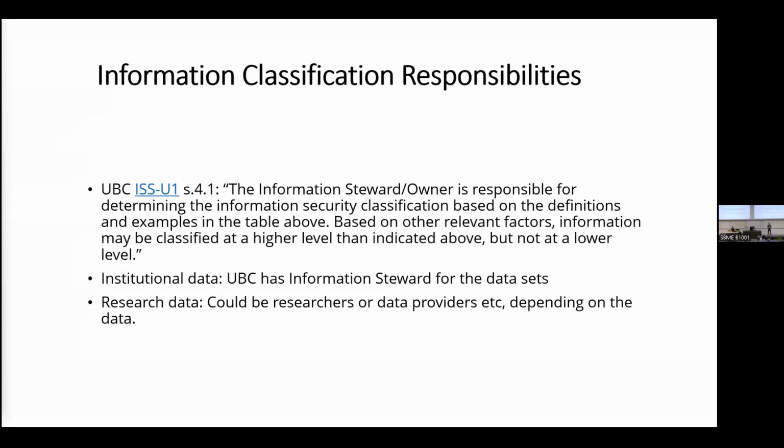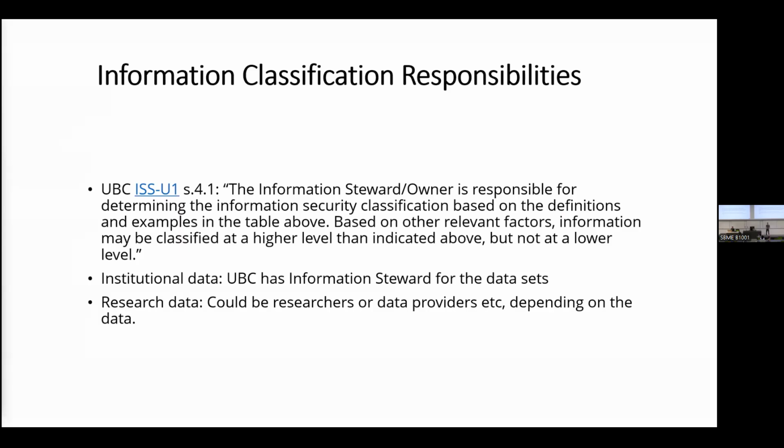Just a quick note in terms of responsibilities, because it's something you're going to need to identify. Referring to Standard U1 here, the information steward or owner is responsible for the security classification. So it's usually the principal investigator in a research project, or it might be a service owner, or whoever is the data steward or owner.